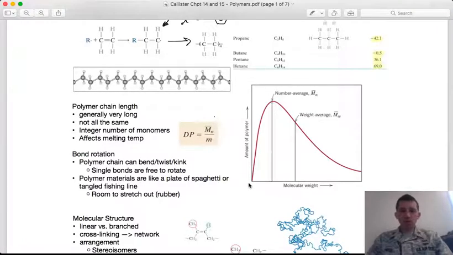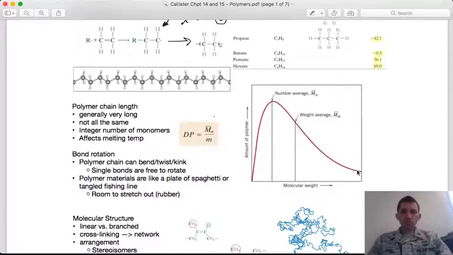So here I'm plotting the amount of polymer versus molecular weight, and so I have the most number of chains of a certain length. But if I consider the weight of each one and don't just count them as an individual chain, but I take the average weight of all of them together, I see here that my distribution is not symmetrical, right? It's not a bell curve, so the weight average is not the same.